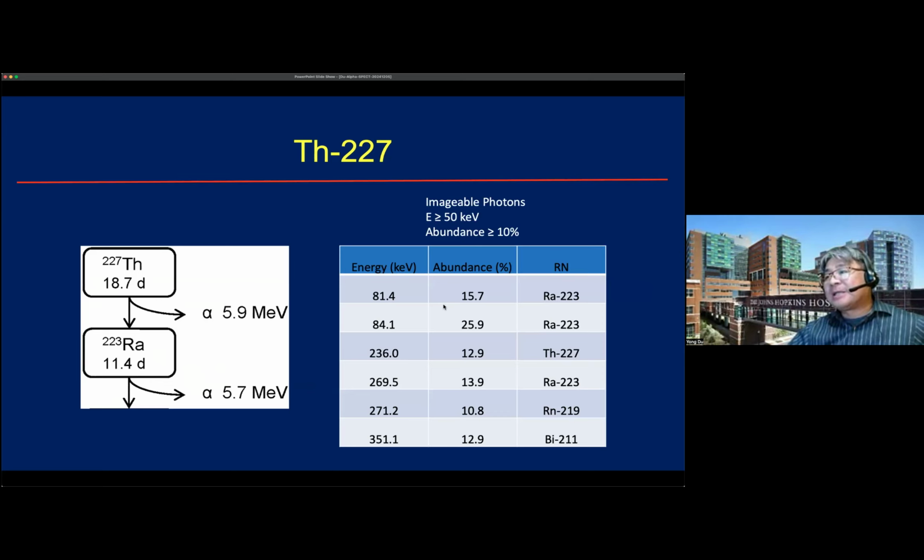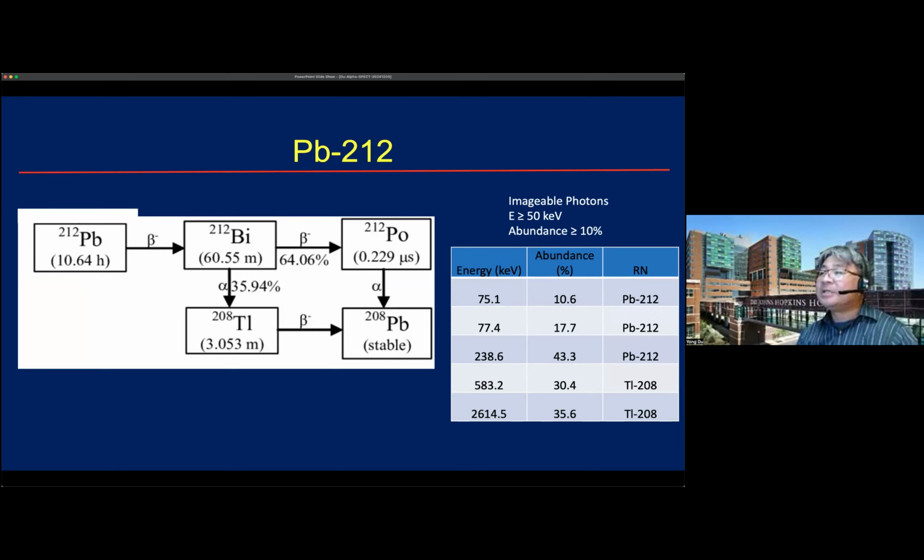Similar case with lead-212. Lead-212 is not an alpha emitter, it's actually a beta emitter, and its daughter is the alpha emitter. So again, because of the redistribution of the daughters, there can be a problem for lead-212. People have used lead-203 as a surrogate for lead-212. It can ideally indicate the distribution of lead-212, but it cannot be used to indicate where the daughter goes.